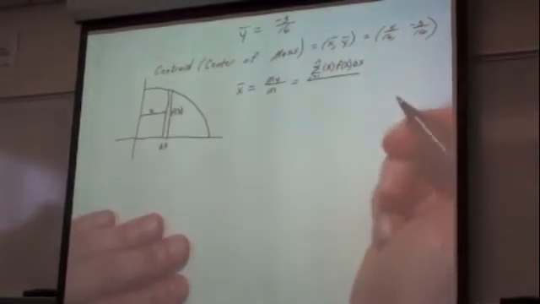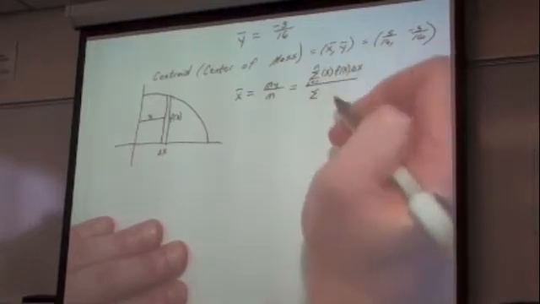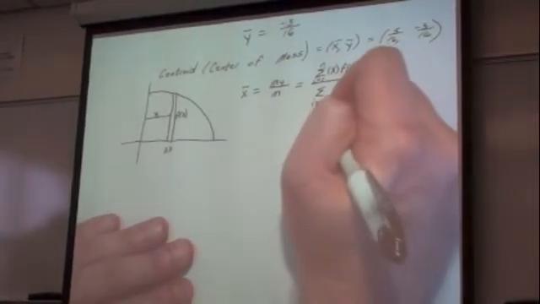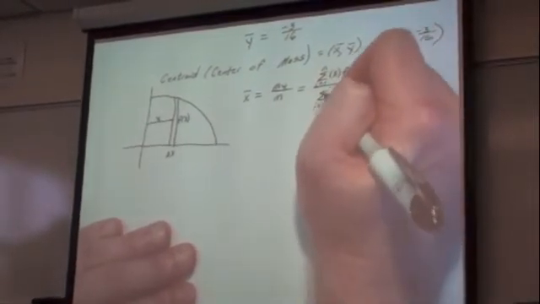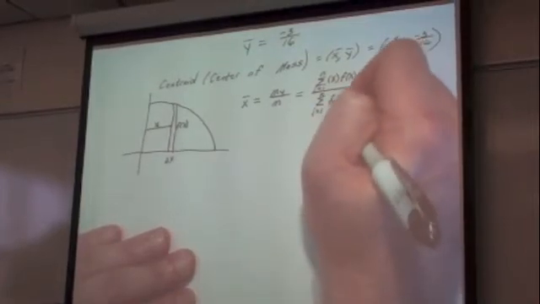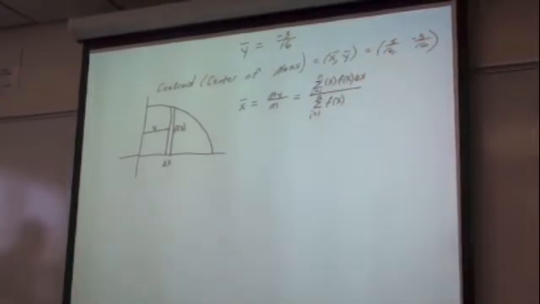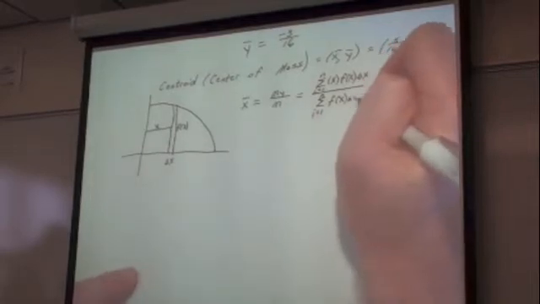Okay, and all of this is going to be divided by the summation of all of the masses. That's just going to be the sum from i equals 1 to n of f of x delta x.